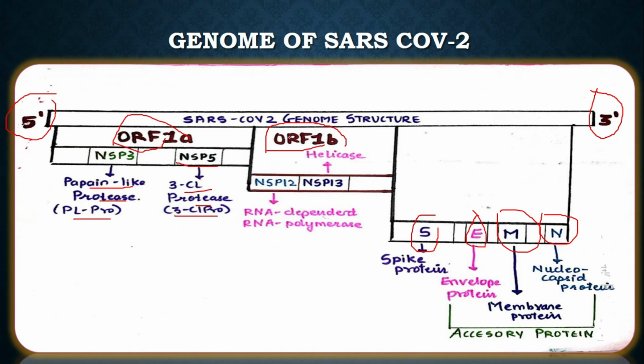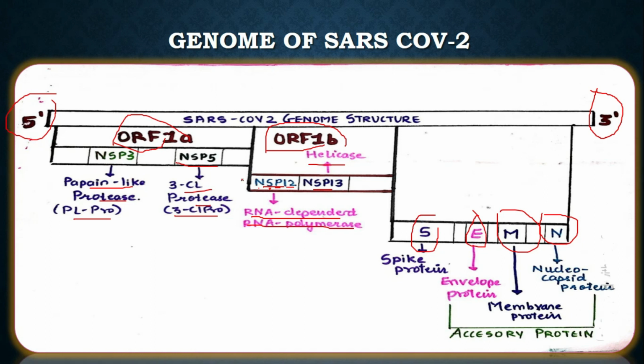The other open reading frame, 1B, consists of two further non-structural proteins, denoted by NSP12, that is non-structural protein 12, which indicates RNA dependent RNA polymerase, that is RDRP, and the other one is non-structural protein 13, which indicates helicase.